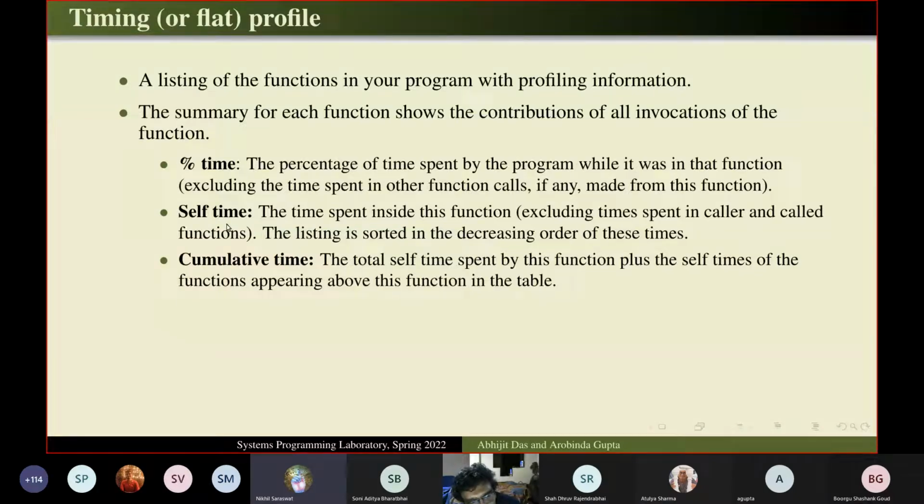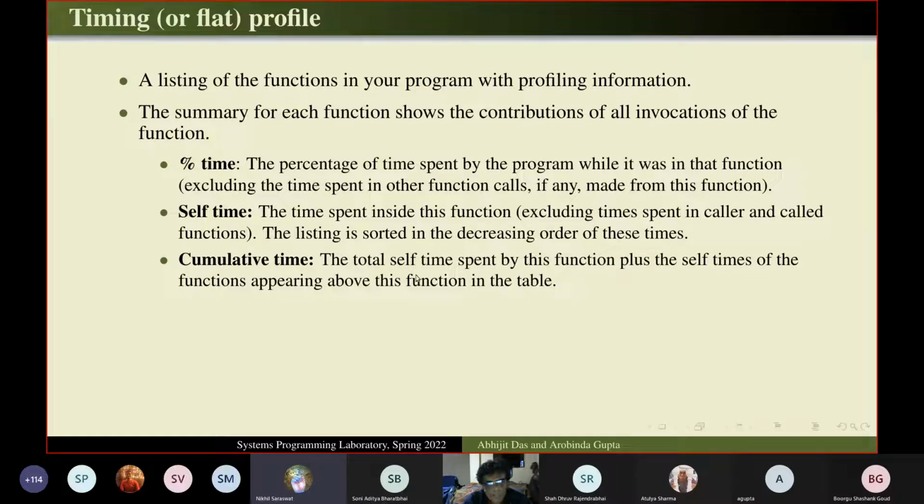And there is something called a cumulative time. I do not really understand the significance of this time. It is the sum of all the self times of this function plus the self times of functions appearing above this function in the table.